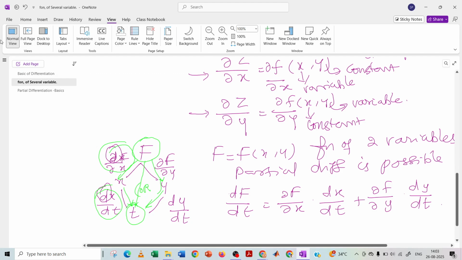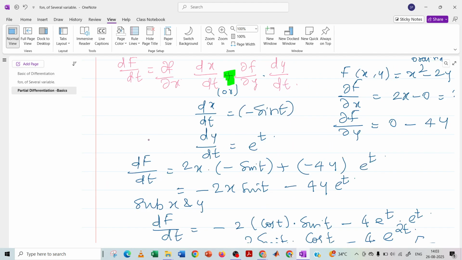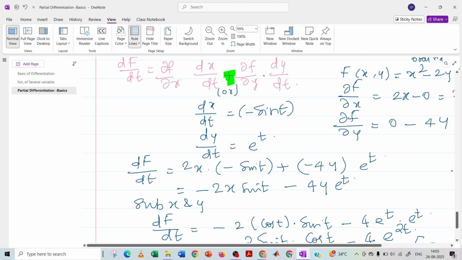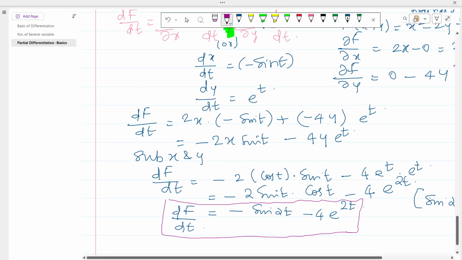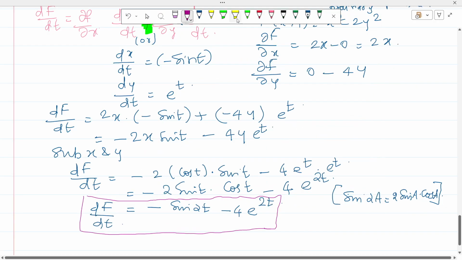Now we come to the next one. Same method, I extend the concept.